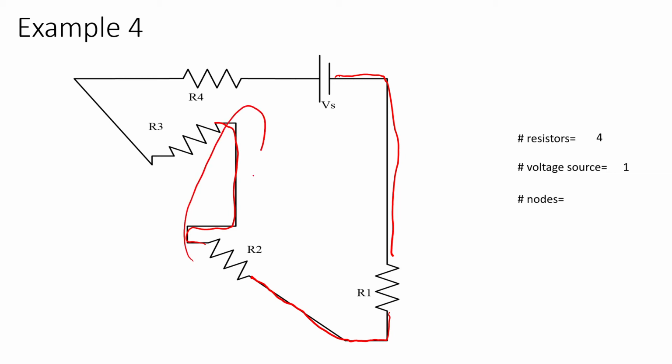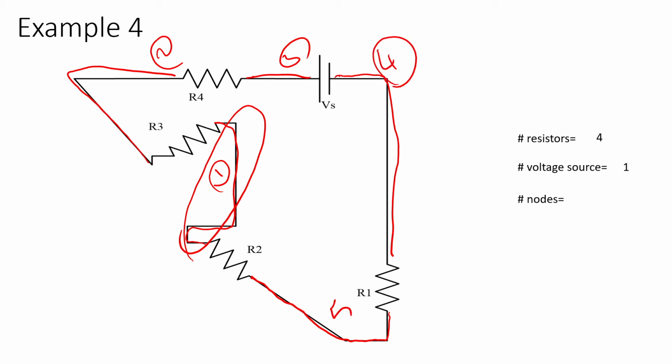All these are nodes, regardless of how they look. Here 1, 2, 3, 4, and 5. To identify nodes, we look at the electrical components. So R4 is one electrical component connected to R3 and Vs.